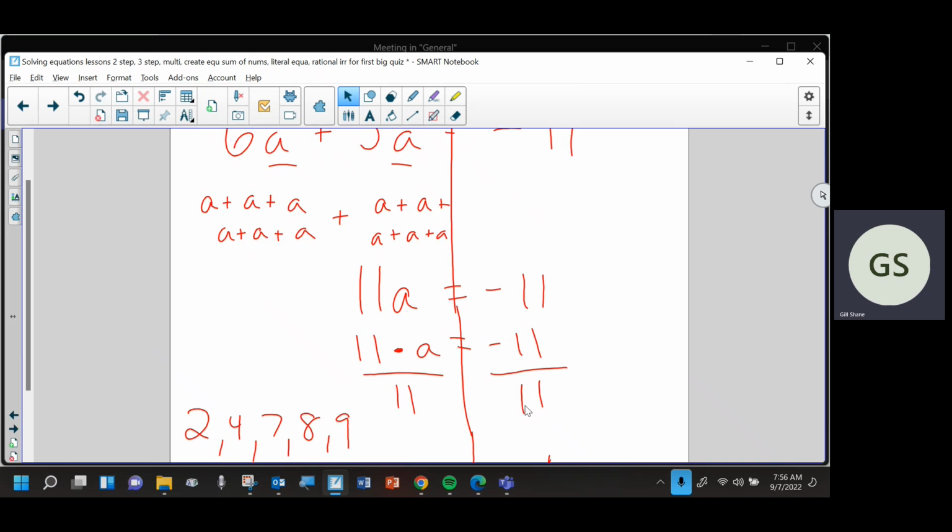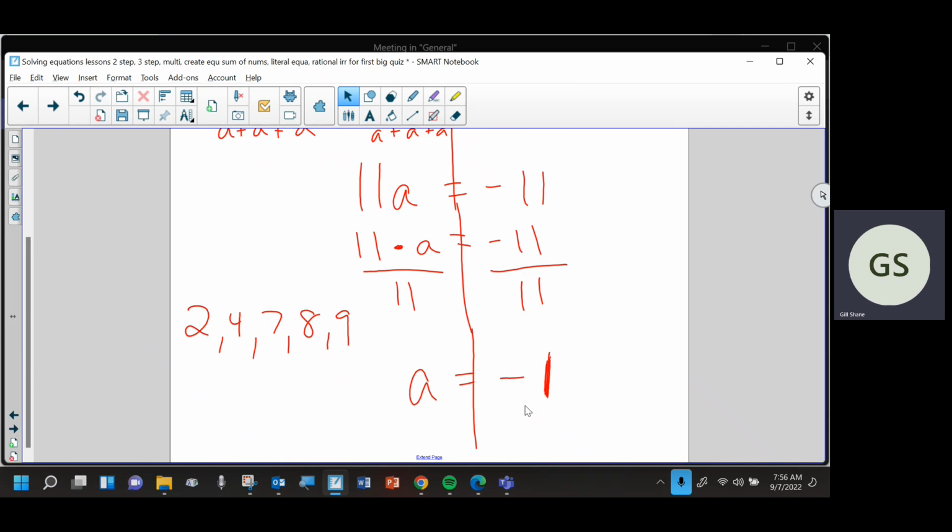That's Mr. Gill's #1 rule. Whatever you do on one side, you do on the other. So the rules of multiplication and division, a negative divided by a positive is a negative. So my final answer, a is all by itself now. Again, that's what solving means, get it by itself. So a equals -1. And since I didn't record that one, I'll do one more and record it. And now you're caught up.